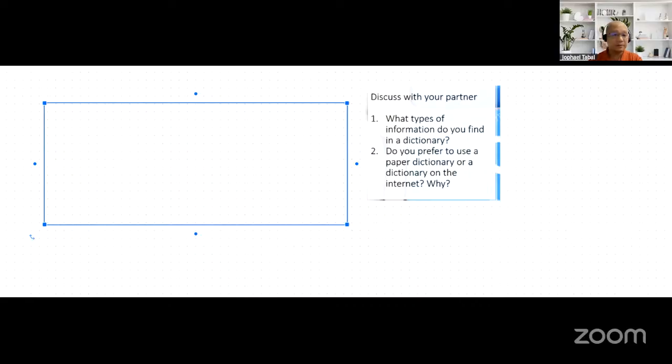Another helpful piece of information we can find in a dictionary is the history of English, the history of English speaking countries. In some features of a dictionary, it shows us the origin of the word and how it was originally used in the past, okay?